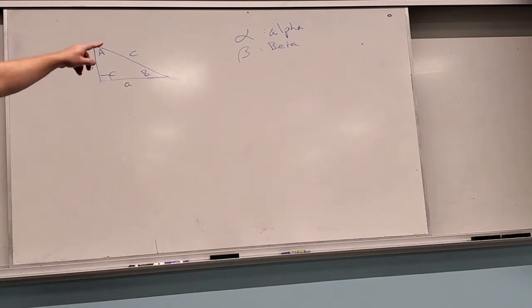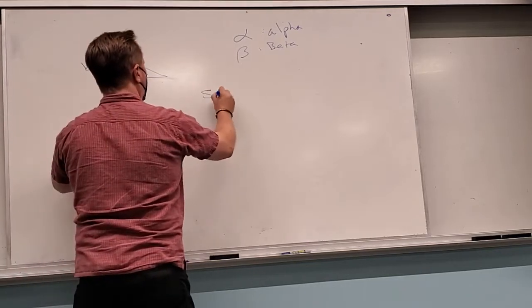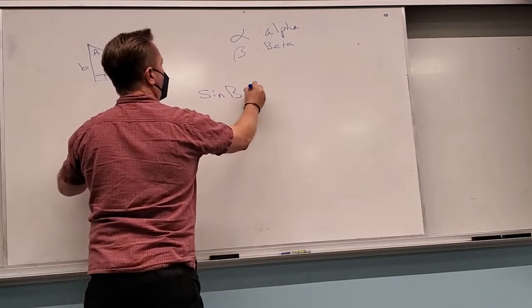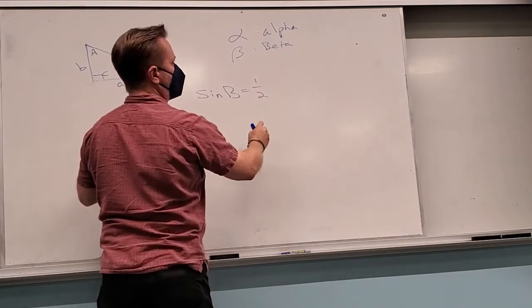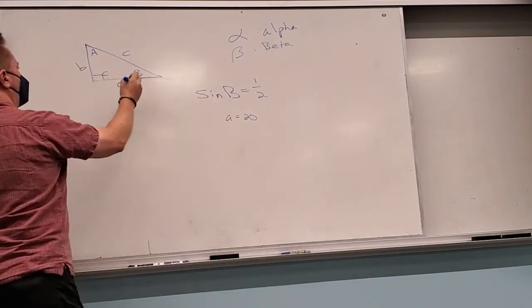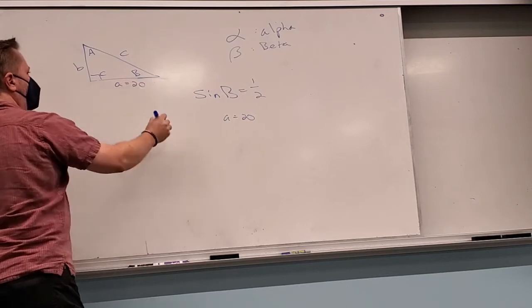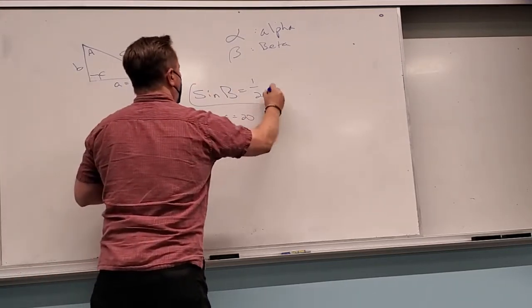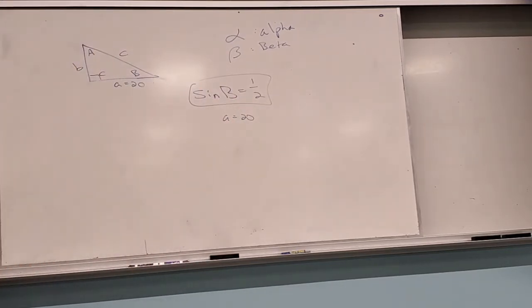So they tell us that sine of B is 1/2. And they also tell us A is 20. So I know sine of B is 1/2 and A is 20. This tells me a lot. What is sine fundamentally defined to be?